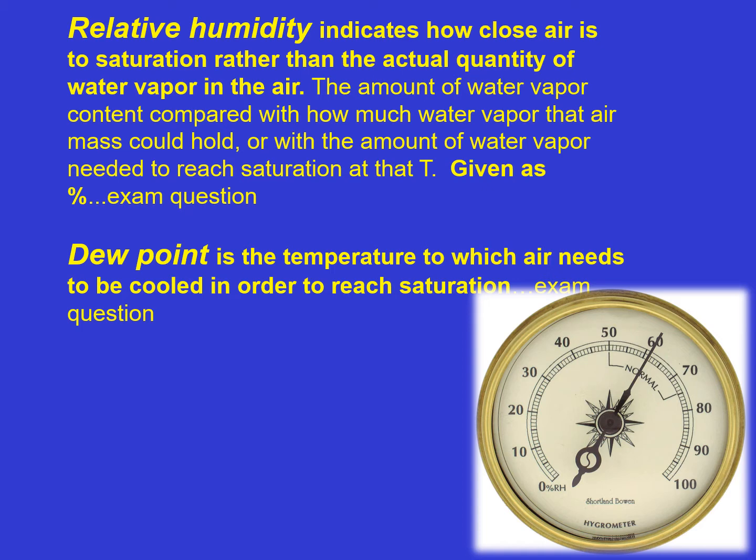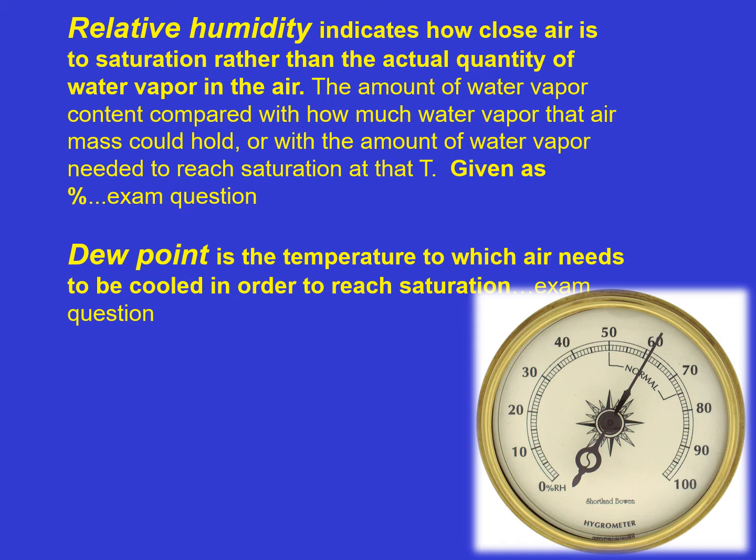Okay, so what is the dew point? Dew point temperature. It's the temperature to which air needs to be cooled in order to reach saturation, or in order to reach 100% relative humidity. So that is an exam question. That picture there shows a hygrometer, which is a means of measuring the relative humidity.